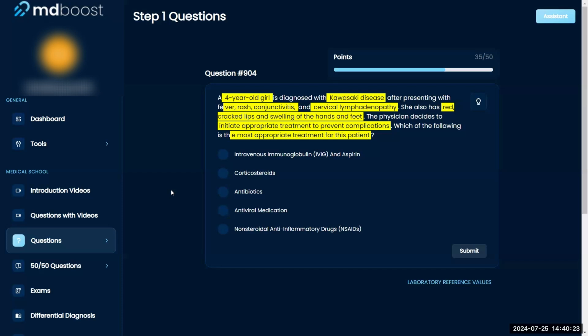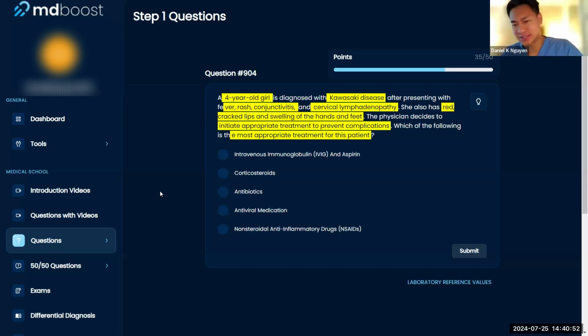I can't remember if it's caused by aspirin or you give aspirin. I know there's also a heart association with Kawasaki disease, which would make sense of why you would give aspirin, but I'm not sure. It might just be like a prolapse or something like that.